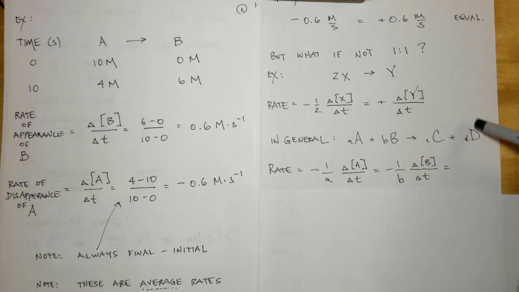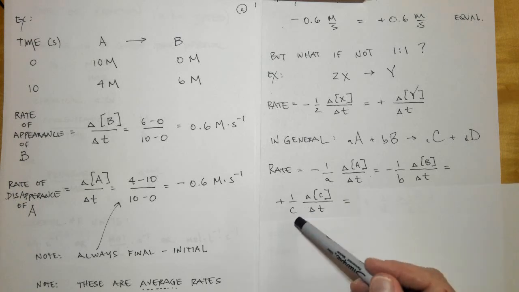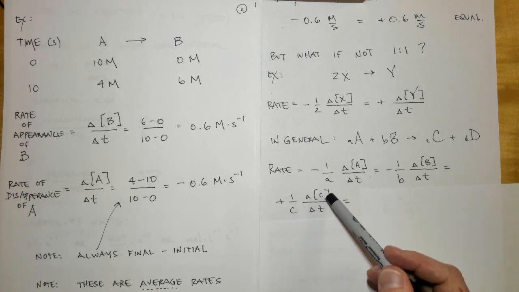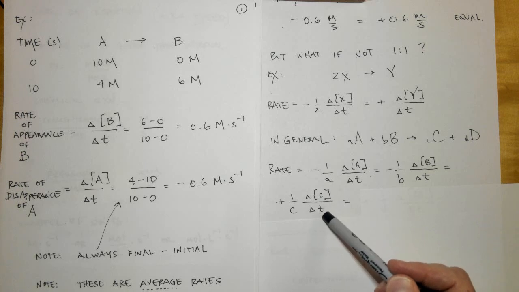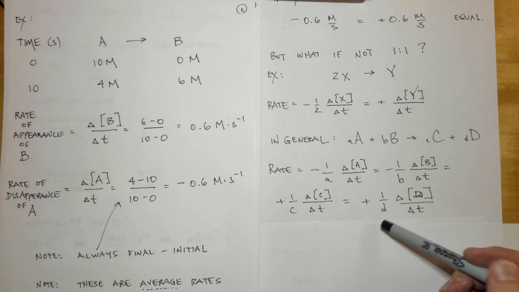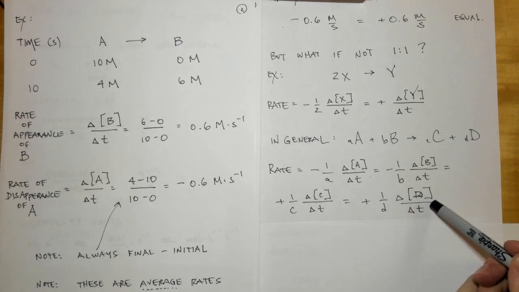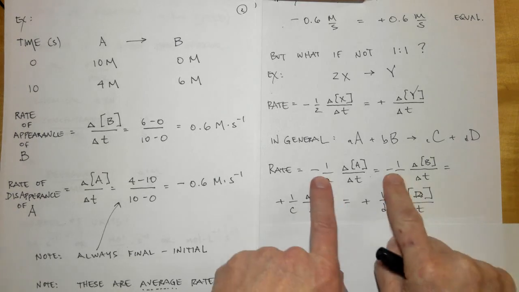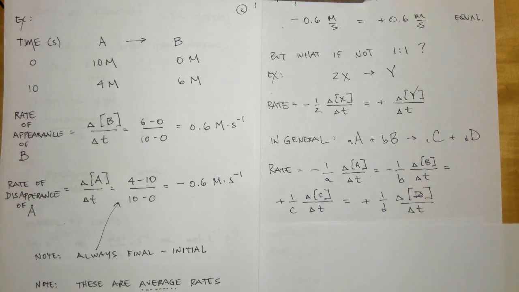And then this would equal the appearances over here. So we have 1 over c times the change in concentration of C divided by change in time. And that would equal 1 over d times the change in concentration of D divided by change in time. So notice how these two are positive, these two are negative because these are disappearing and these are appearing.